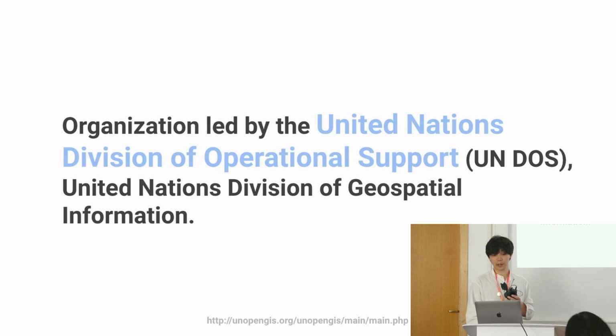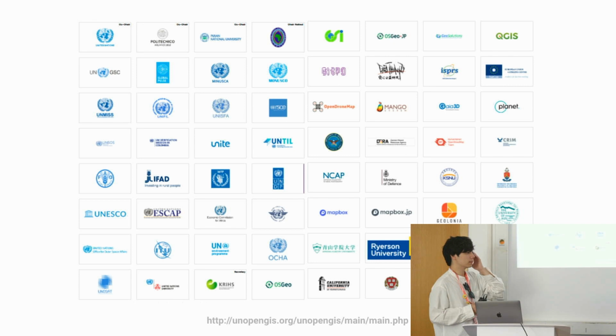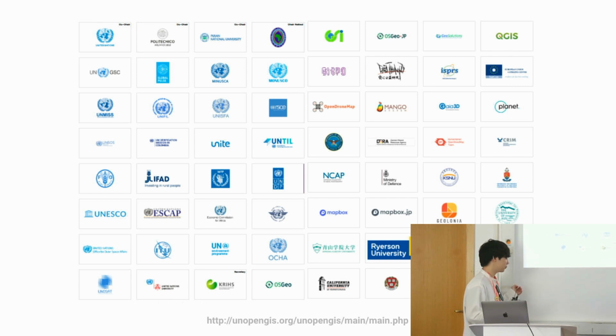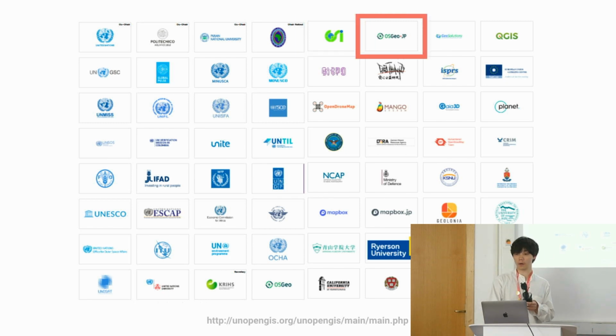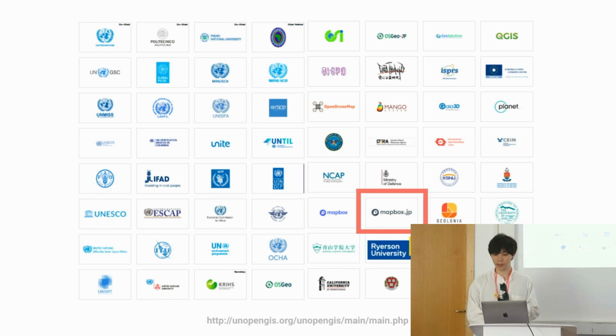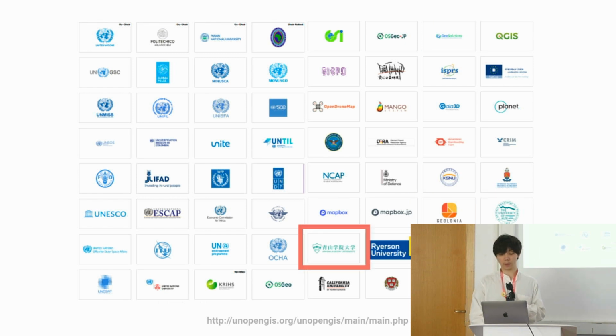This organization is led by the United Nations Division of Operational Support, the United Nations Geospatial Information Section. This project is sponsored by some institutions, such as Japanese companies and institutions like Hideno's company, OSGeo.jp, Mapbox.jp, and Geolonia, and also Aoyama Gakuin University, where Taichi Furuhashi, one of our project members, works.